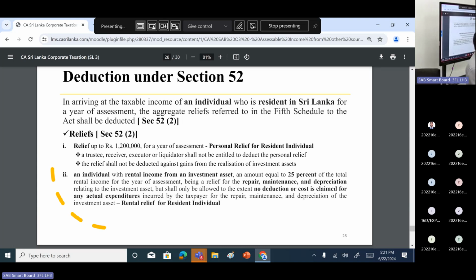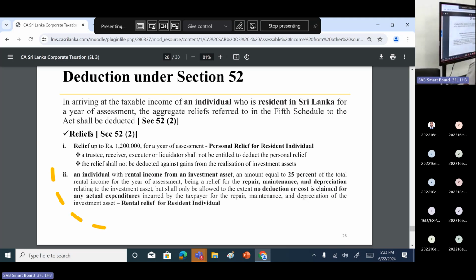If you remember, under the employment income, APIT table 1 has been set up in a way that if somebody is earning more than 100,000 per month, his total remuneration is more than 100,000, then he is subject to APIT. Why have they set up that 100,000? Because of this one. 100,000 into 12 is 1.2 million.